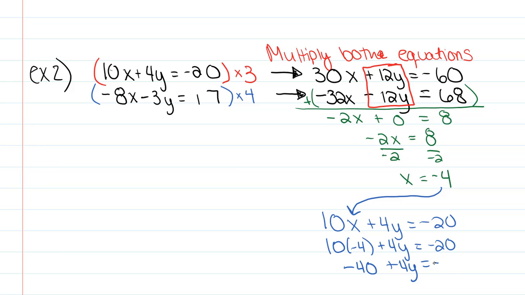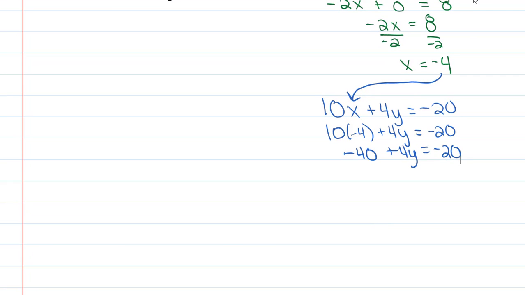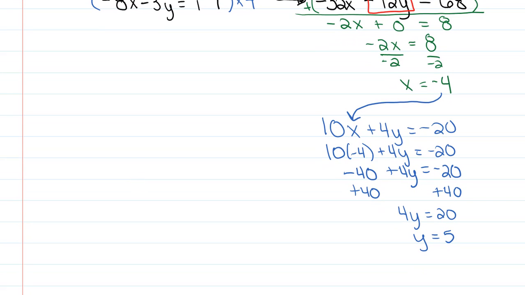Again, this is a good opportunity to pause the video, try it on your own, and then make sure you got the right answer. Now that I have both x and y, I know that my solution is -4, 5.